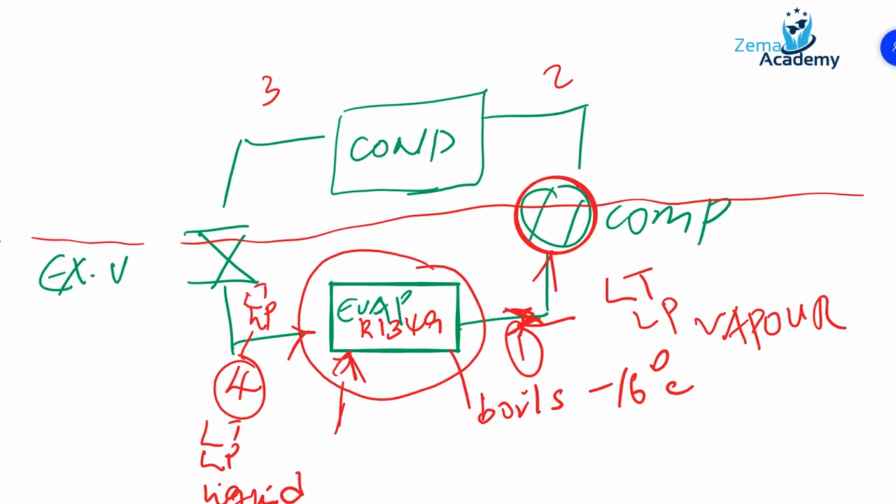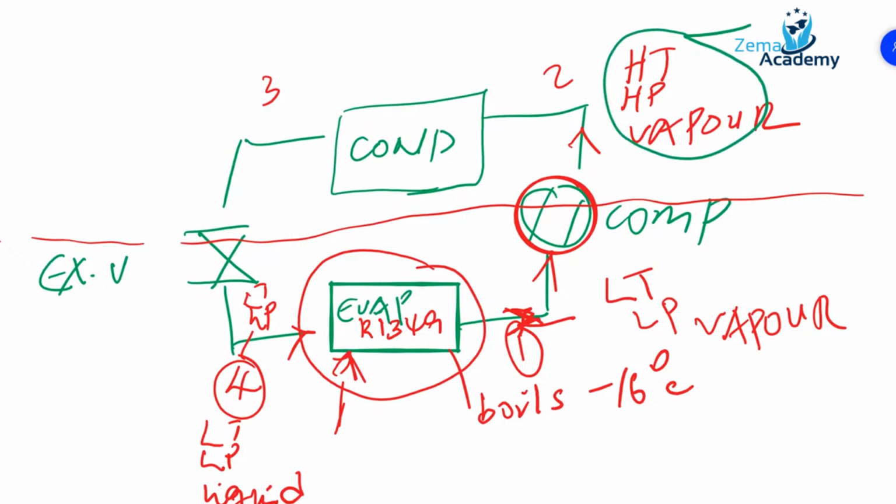And the benefit of a vapor or a gas is that by compressing it, reducing its volume, we are able to change its properties. So we use the compressor to compress, or reduce the volume of, that low temperature and low pressure vapor, and therefore when it comes out here, it comes out as high temperature and high pressure vapor. Okay, and that is actually what we use for our application.